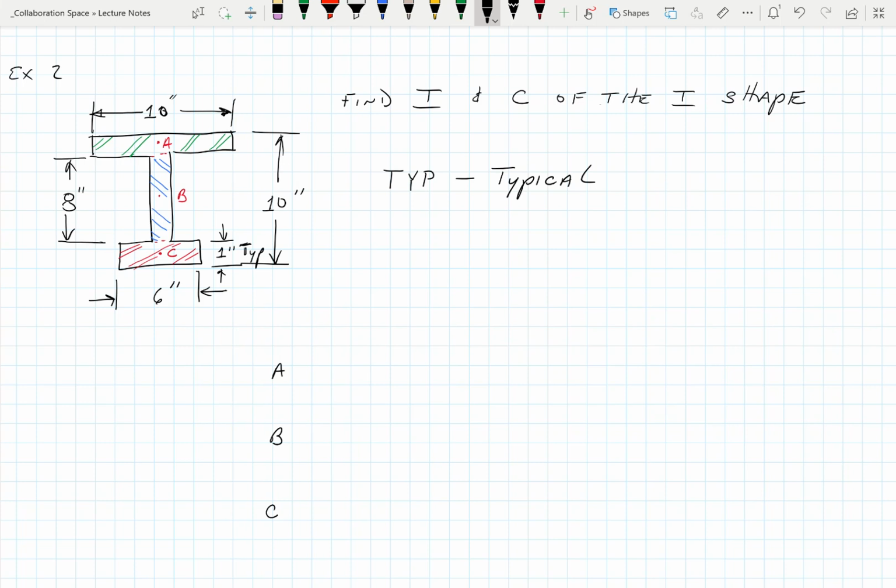Area, Y, Y, the area, and then the AY, area, squared, cubed.